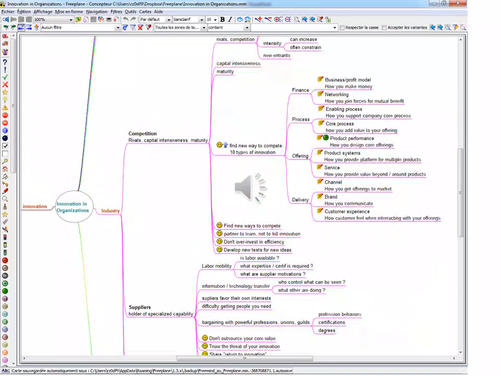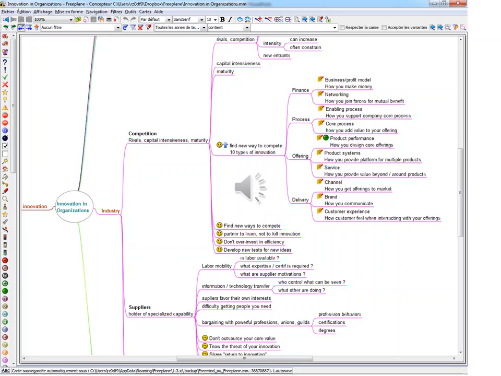Now we have the industry constraint, with competition and supplier. Competition is also quite important for us. It's important to know how to do it. We've got a particular view of the 10 types of innovation, showing what was shown in the MOOC concerning finance, process, offering, delivery.